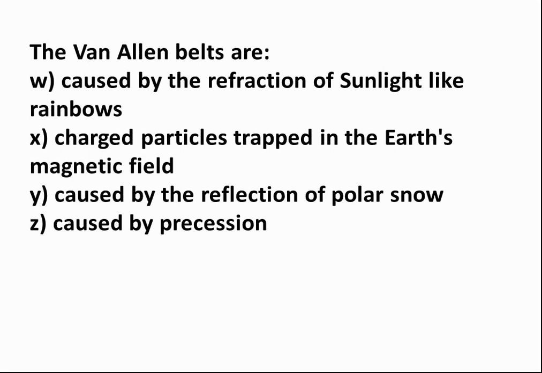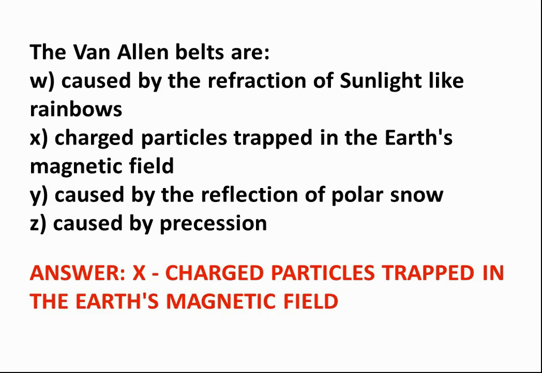Caused by the refraction of sunlight like rainbows. X. Charged particles trapped in the Earth's magnetic field. Y. Caused by the reflection of polar snow. Z. Caused by precession. Answer: X. Charged particles trapped in the Earth's magnetic field.